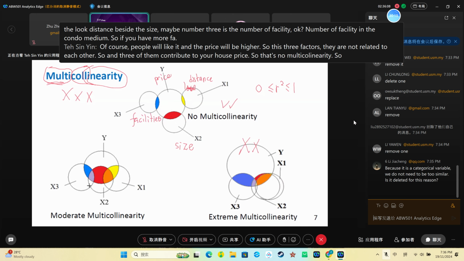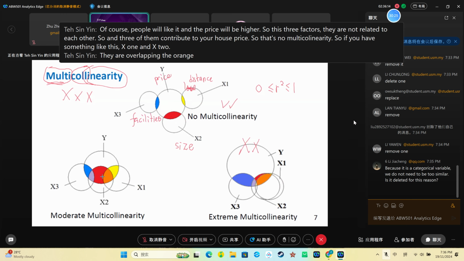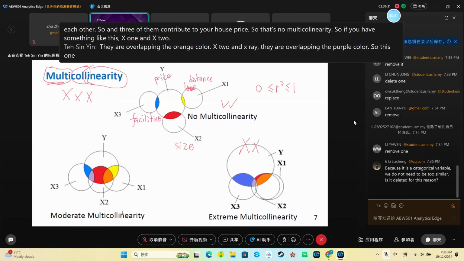If you have something like this, x1 and x2 are overlapping in the orange color, and x2 and x3 are overlapping in the purple color. This one still has multi-collinearity, but it is called moderate multi-collinearity. For moderate multi-collinearity, we can also remove one of them.